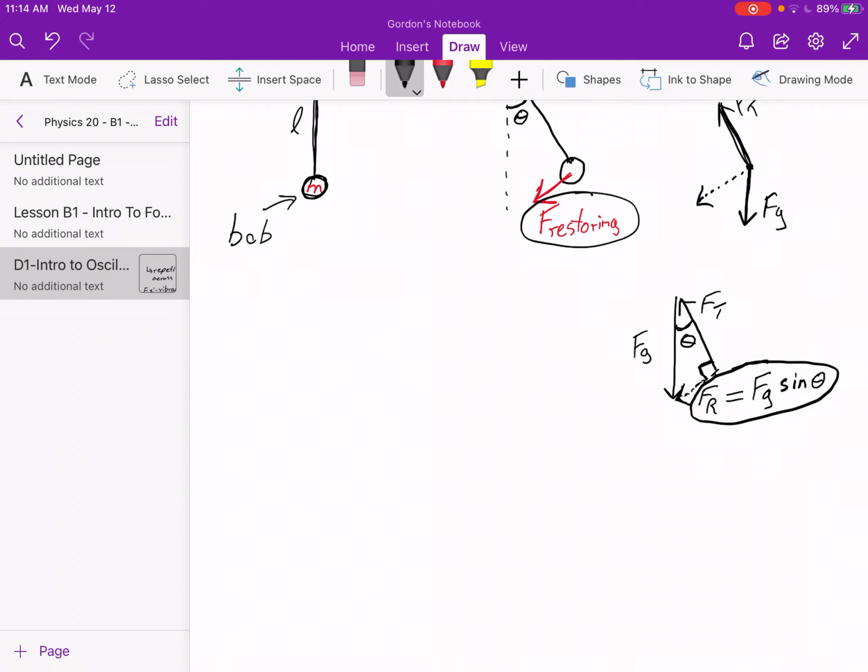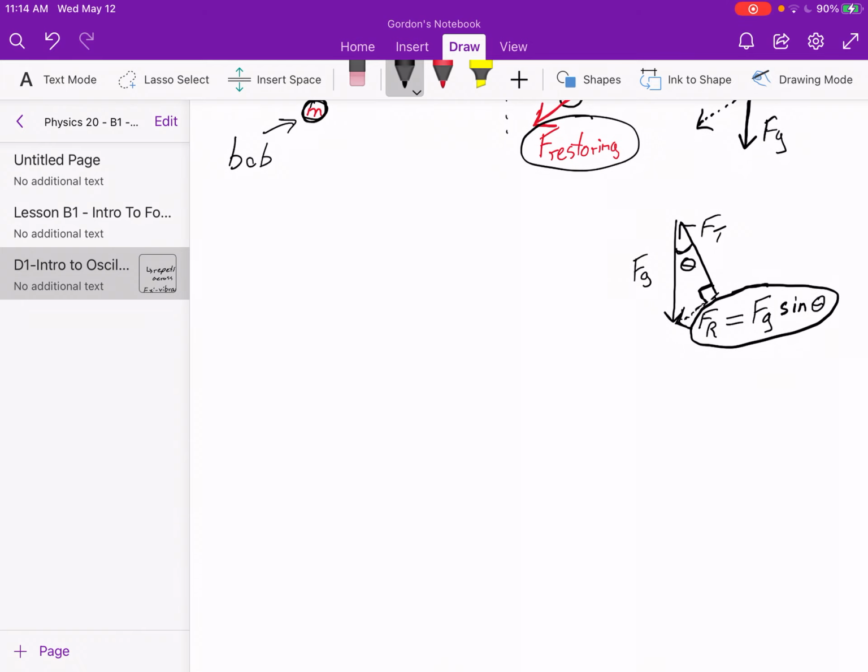And the reason that we say that this is still a proportional relationship and why it works for small amplitudes is if you look at the graph of sine of theta. So what does this graph look like?